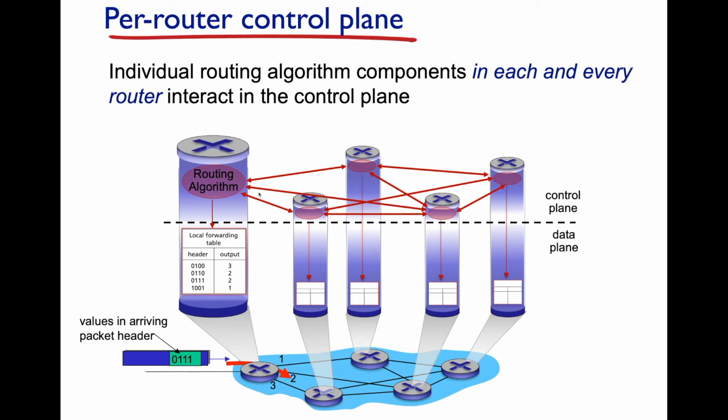So then we also have a control portion. In the traditional approach, we have a process that's running, and a router is nothing more than a specialized machine or host. And this router has a process that's running called the routing algorithm. Now, the routing algorithm makes the determination of what the forwarding table should contain as a result of exchanging information with other routing algorithms across the network.